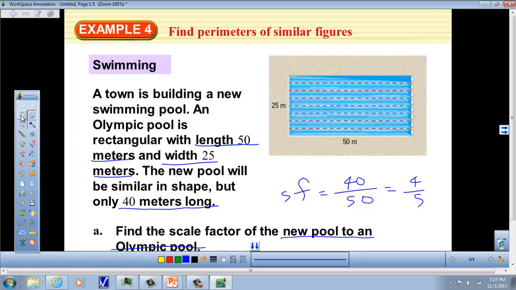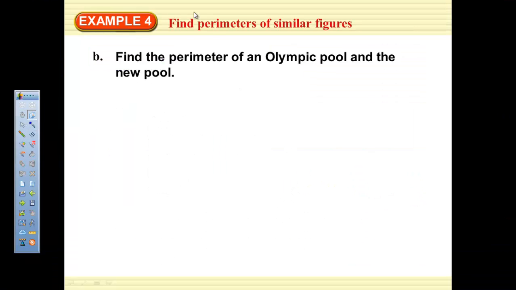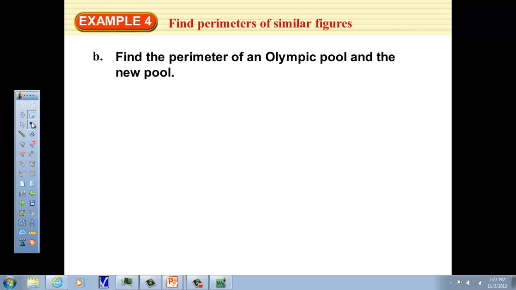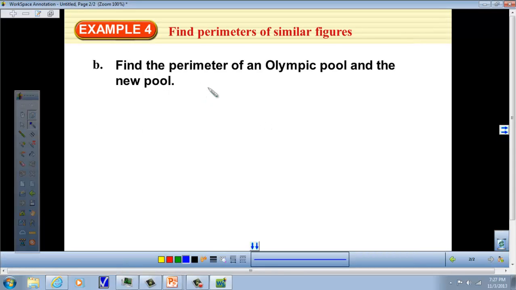For the second part of this, we want to find the perimeter of an Olympic pool to a new pool. So we know again that the length was 50 meters and the width was 25 meters for the Olympic pool.